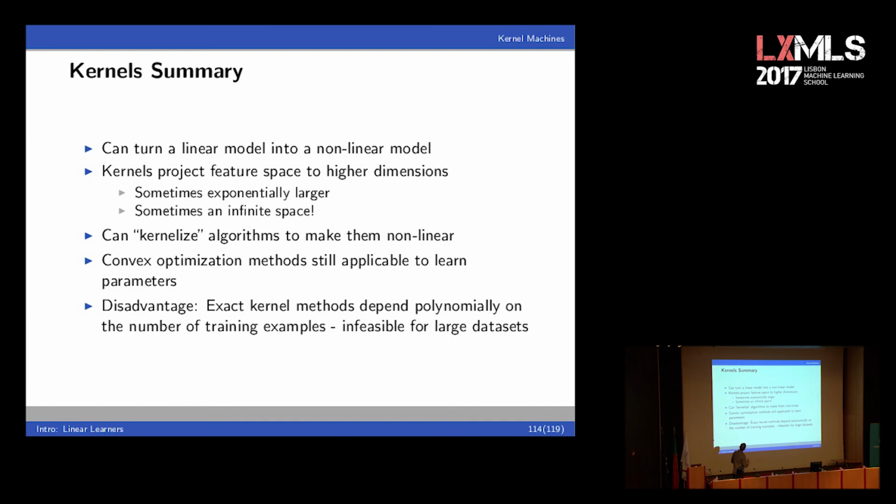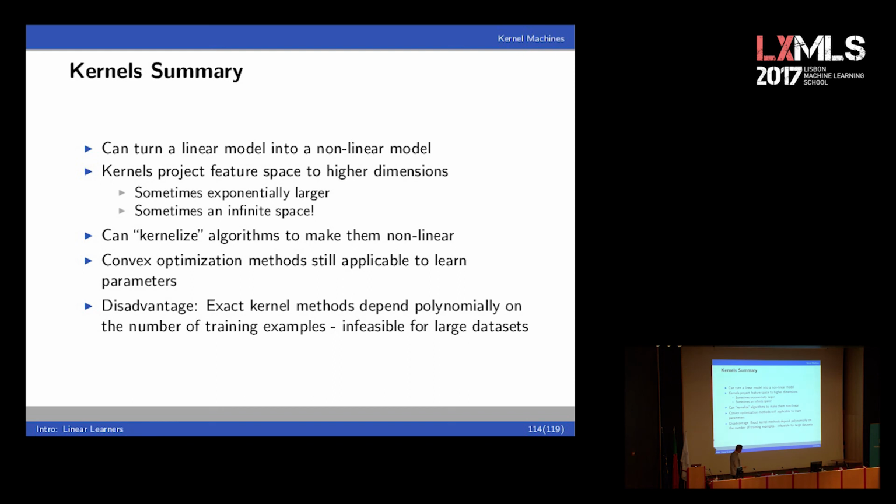Okay, so to summarize kernels, if you have predefined kernels, either you have a good idea how to define them, or you learn them separately and then use them. They allow you to project your feature space into higher dimensions. And you can make nonlinear problems solvable that have not been solvable before with your standard linear model and feature representation.